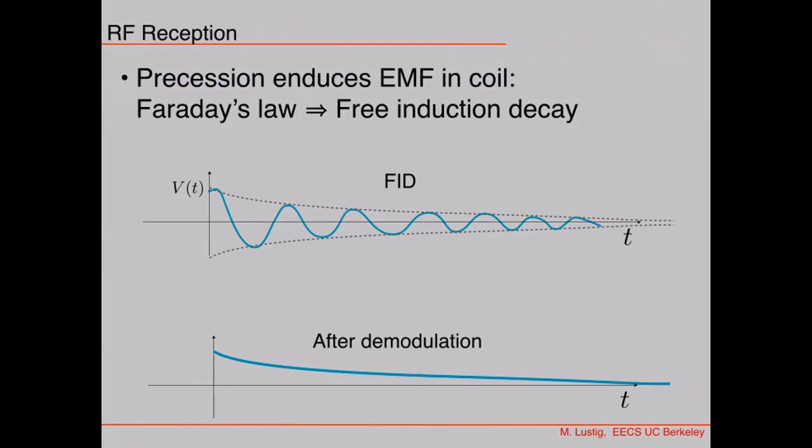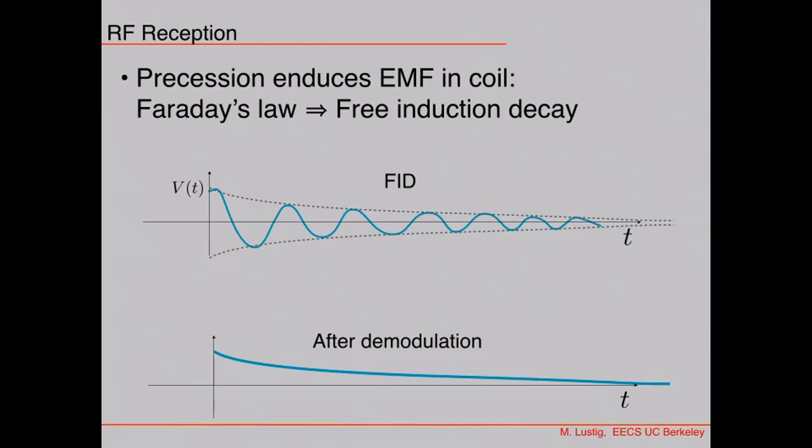Okay, so we also mentioned before that when you have a magnet that's rotating, this rotating magnet creates a magnetic field that changes versus time. So if you think of the magnetic field lines, they change.